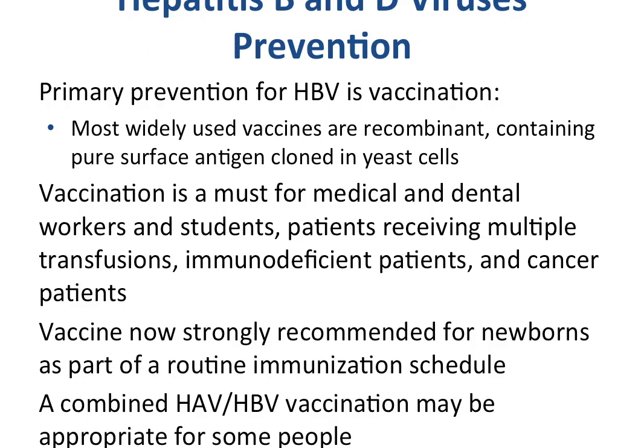The prevention is the vaccine. Now the vaccine is widely used for healthcare workers, students, and older people. It's also routinely recommended for newborns, which means everyone gets the vaccine when they are born.